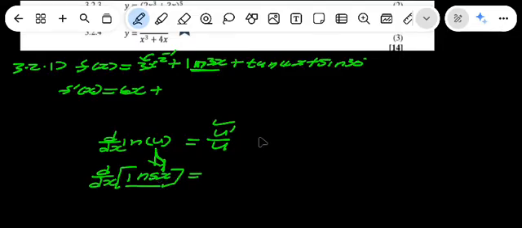So the derivative will be 5 divided by the original u, which is 5x. I'm just making an example there. So you must understand how to differentiate the ln function.